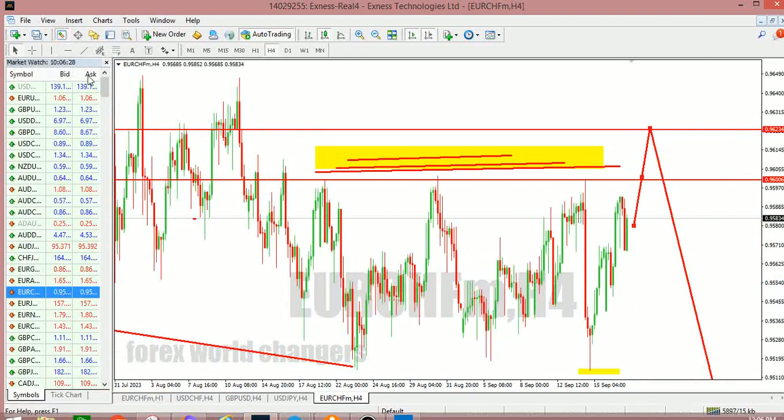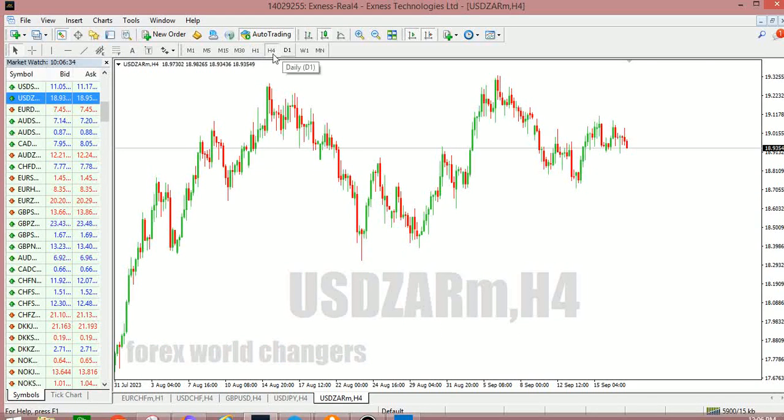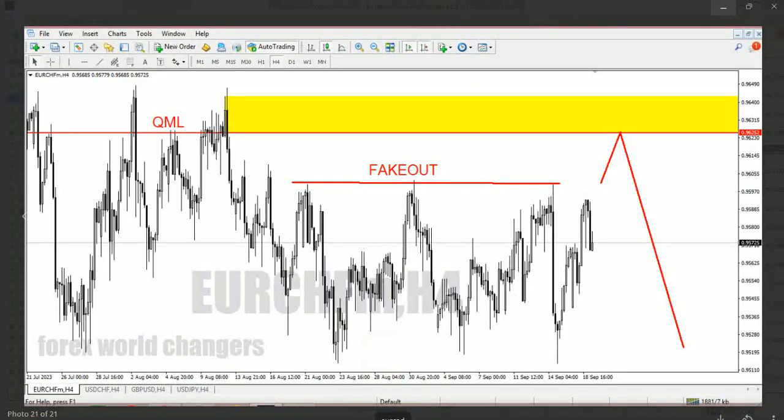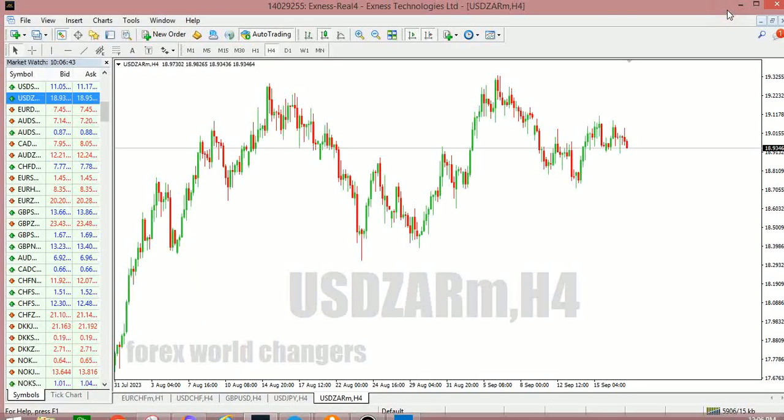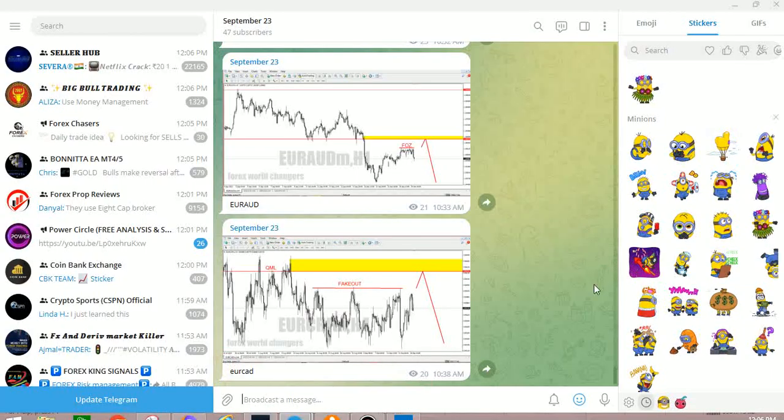Okay, there you have it. I think it was on the 30-minute time frame. There's the setup. Let me explain it here because it looks much easier. Okay, this is the setup that we had on the USD ZAR, the rand against the dollar.